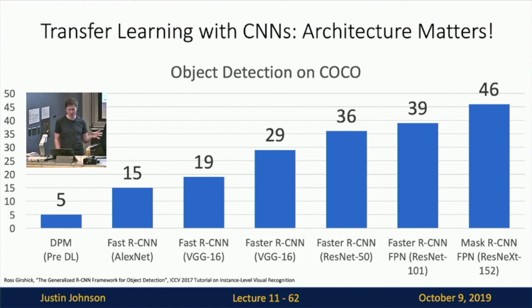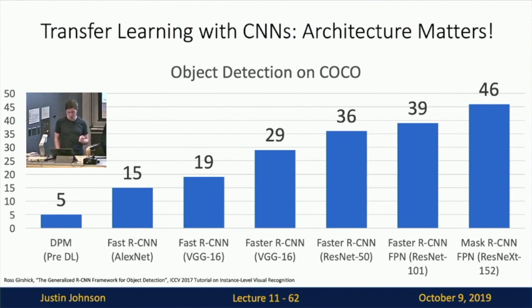Starting in around 2011, the best state of the art at pre-deep learning was getting something like 5 on this task. And now, when we used an object detection method with AlexNet, we got 15. And then using the exact same object detection method, but just swapping AlexNet for VGG and doing everything else the same, gave us a boost from 15 to 19. That's just the result of using a more powerful, bigger network that works better on ImageNet. It also gave us improvements on this new task.